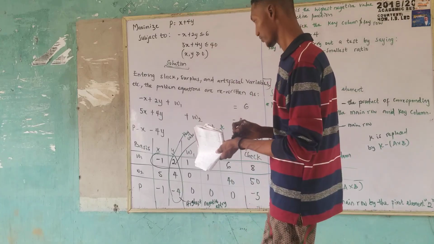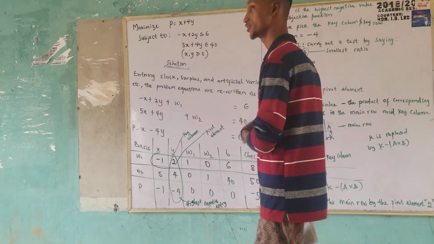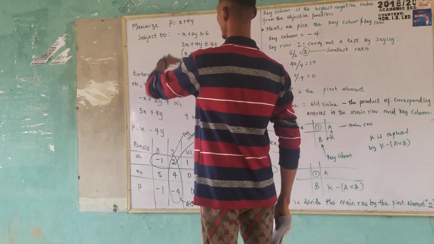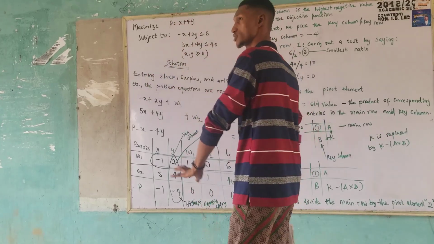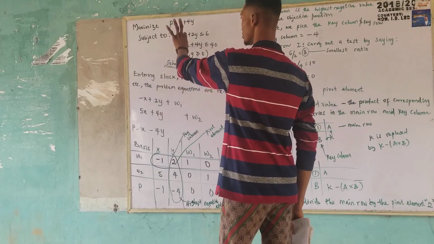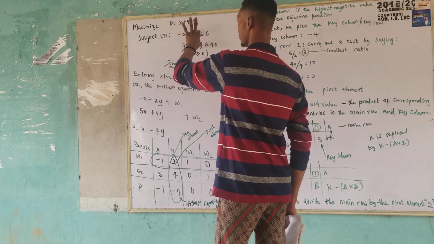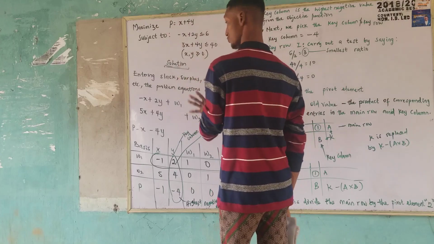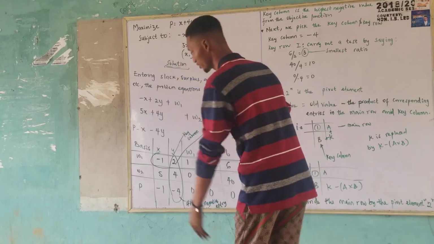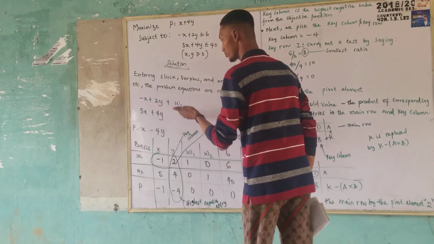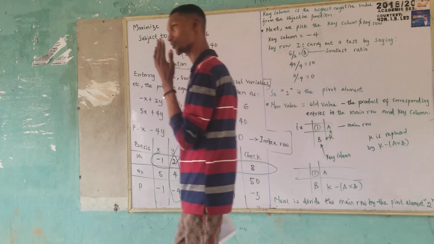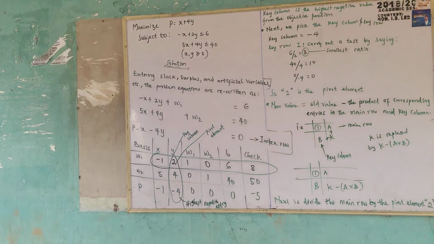Then from that, you draw the basis. The basis consists of the important slack variables, not just the constraints, but the slack, artificial, and surplus variables. So in this case, we have the basis.